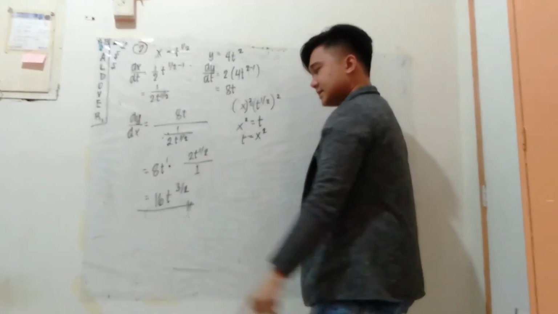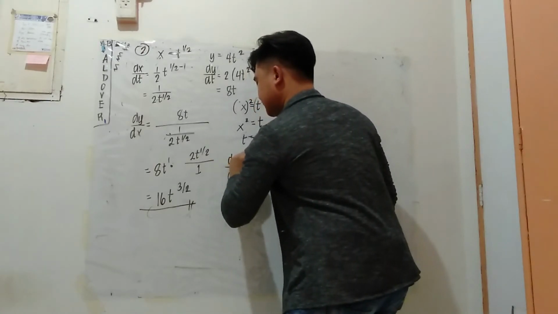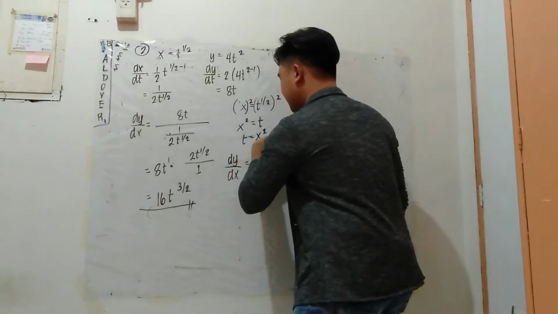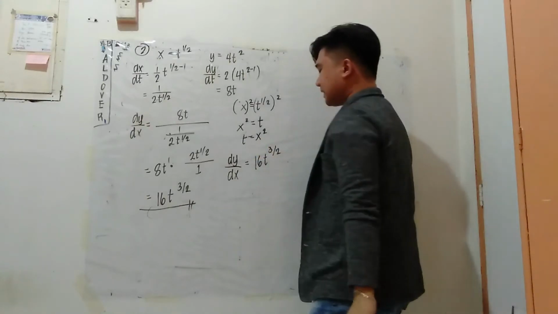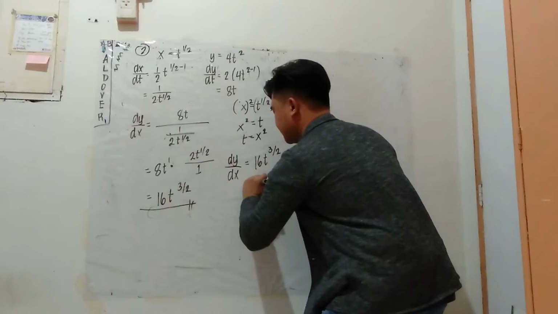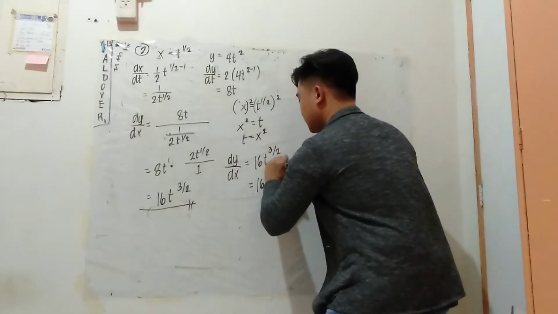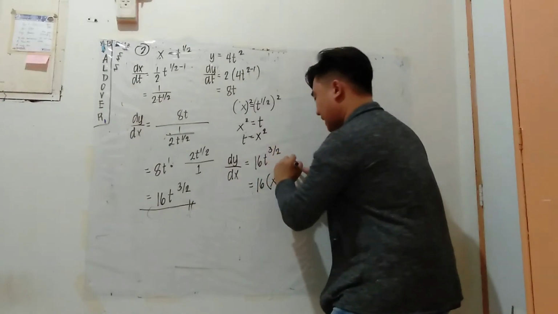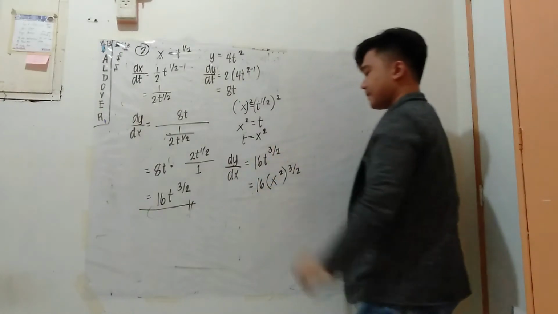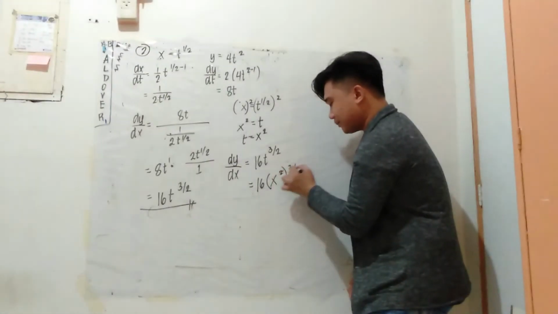Tama? So, given that dy over dx is equal to 16t raised to 3/2, papalitan ko si t ng x squared. So, that is equal to 16. What is t? x squared. Pero sa t, naka-raise pa po sa 3/2. So, huwag niyong kalimutan yun. So, as you can see, 2 times 3/2, nakakancel lang po yung 2.